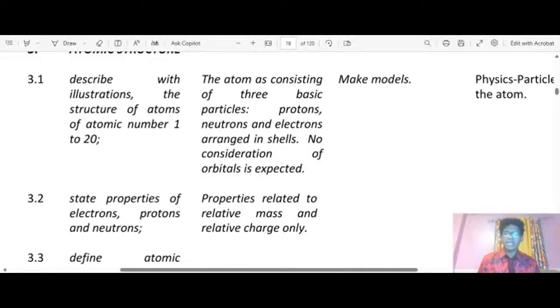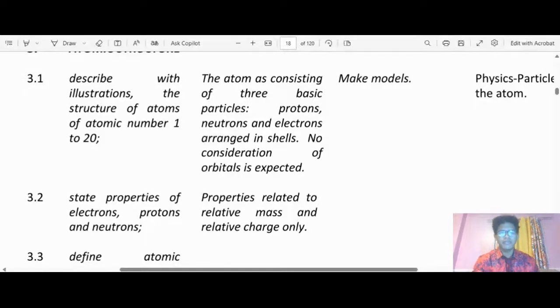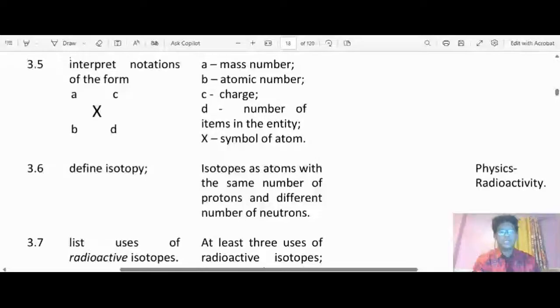Electrons are negatively charged. Protons are positively charged. Neutrons are neutral. So we have that out of the way. We did look at that.